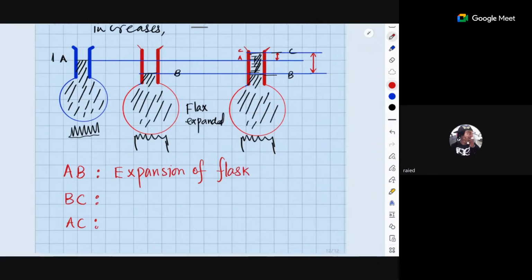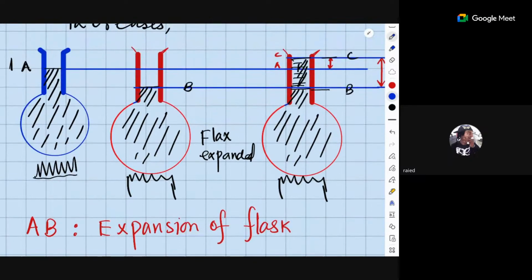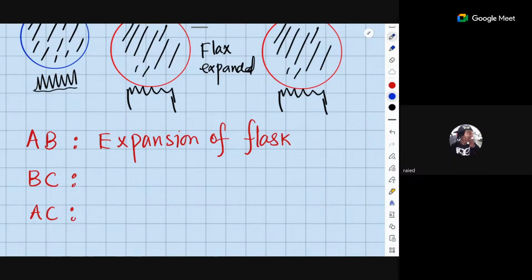That is why the liquid level decreased. From B to C, the volume of the liquid expands. It is the actual expansion of the liquid.